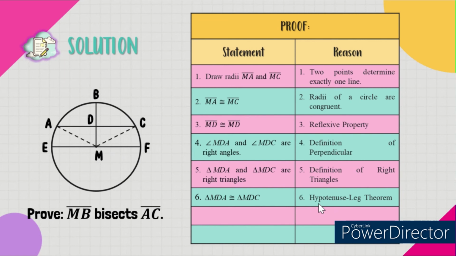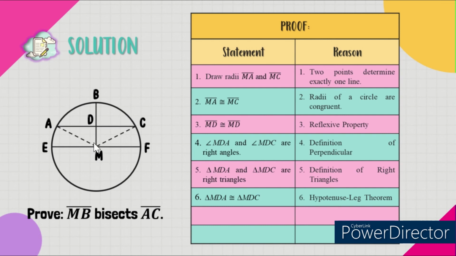So it is correct to use this one because we do have right triangles, which are these two. The hypotenuse leg theorem states that any two triangles, like triangle MDA and triangle MDC, that have a congruent hypotenuse and a corresponding congruent leg are congruent triangles.